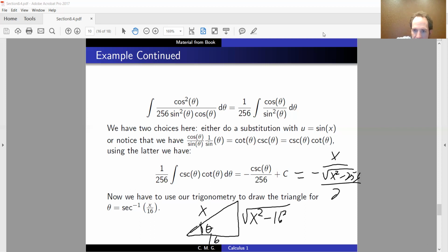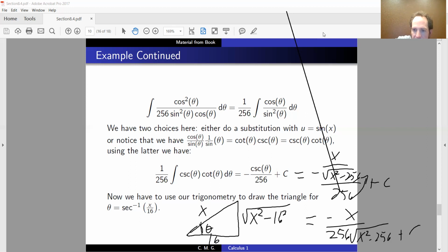And that's all over 256 plus c. When I have two denominators like this, I can just slide this denominator in here. So I end up with just negative x over 256 times the square root of x squared minus 256 plus c. So that plus c is like outside of all of that.